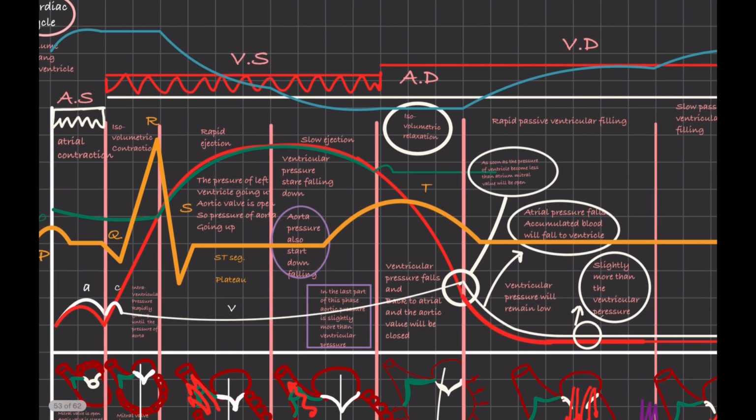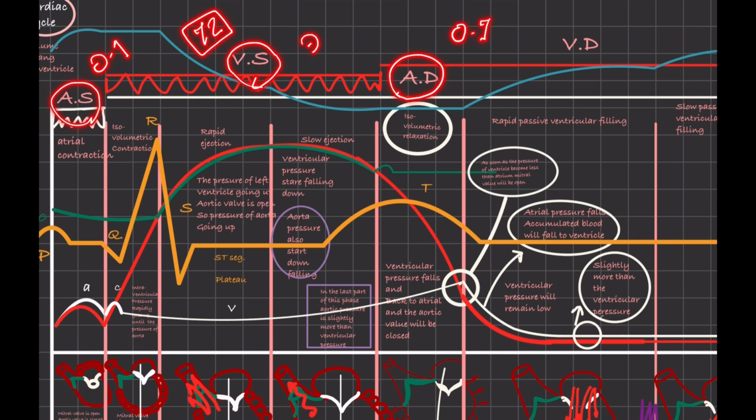With a heart rate of 72 beats per minute, each cycle lasts about 0.8 seconds. Atrial systole takes only 0.1 seconds, while the remaining 0.7 seconds are diastole. For the ventricle, systole takes about 0.3 seconds and diastole takes about 0.5 seconds.